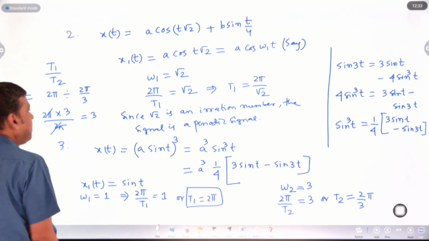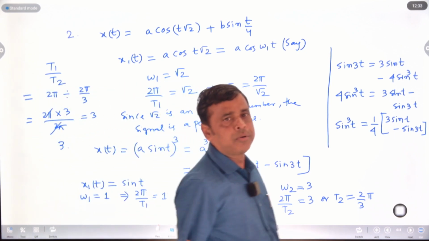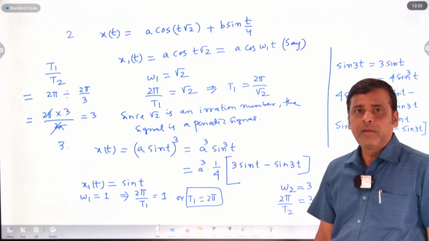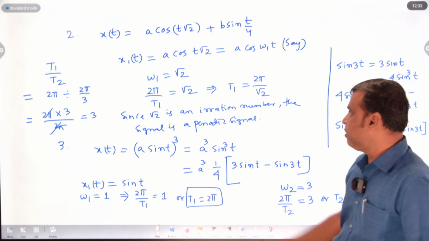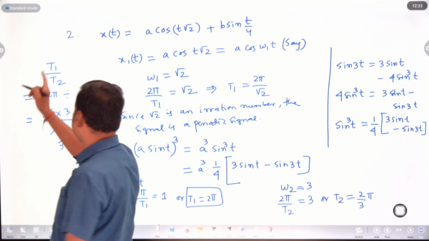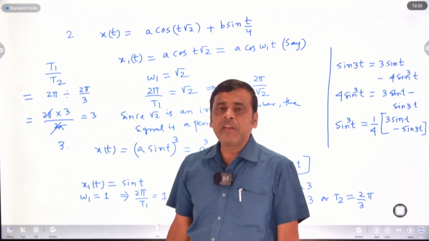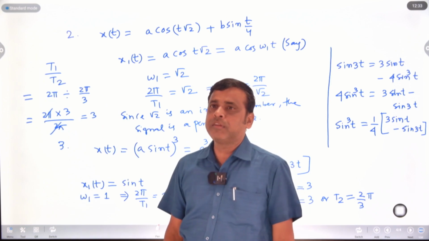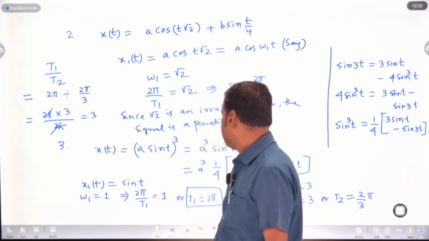And 3 is nothing but 3 by 1, and it is a rational number. So since t1 by t2 is a rational number, the signal is periodic.